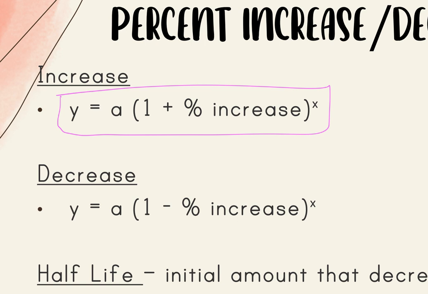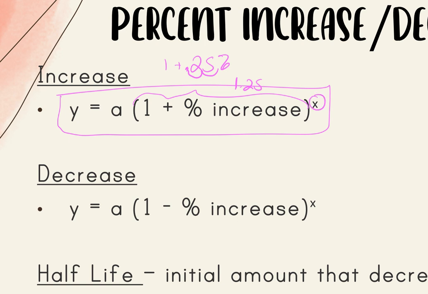If it is an increase of a certain percentage, then we take that percent, convert it to decimal, and add it to 1. So if something had a 25% increase, then inside the parentheses, I move my decimal back twice to get the decimal form of that percent, and I add it to 1. So inside would be 1.25, and then it's raised to the x power, just like all of our exponential functions.